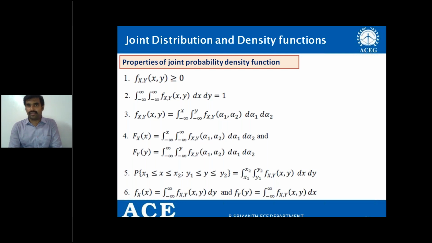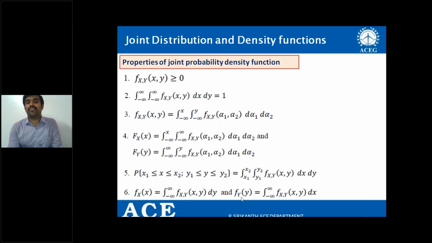That is, small fX of x and small fY of y are called marginal density functions. Small fX of x equals the integral from minus infinity to plus infinity of small fX,Y of x comma y dy.